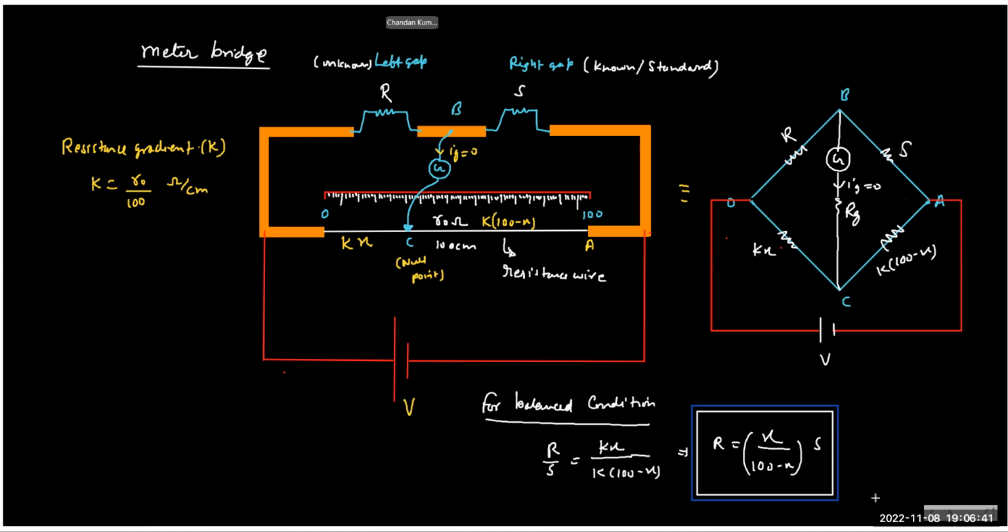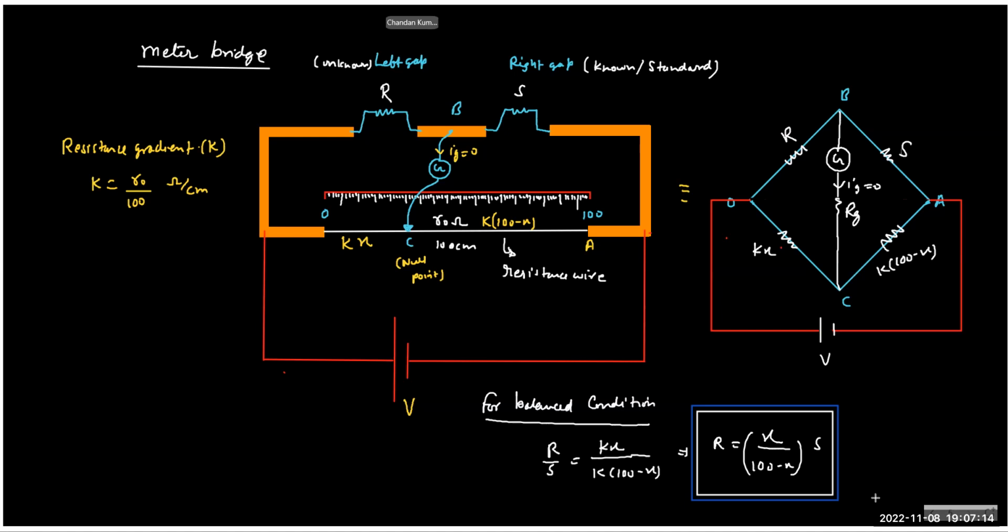Let's talk about the practicality, how it is done in lab. So in lab, generally the jockey is put near the center of the wire, the meter wire. Okay. And instead of moving the jockey, we change the S value. So as you approach close to R, the current in the galvanometer will decrease.